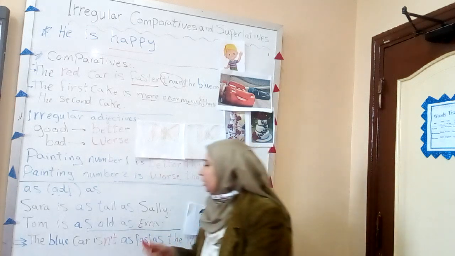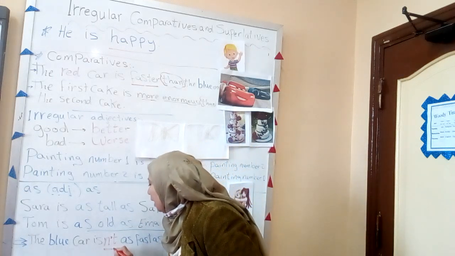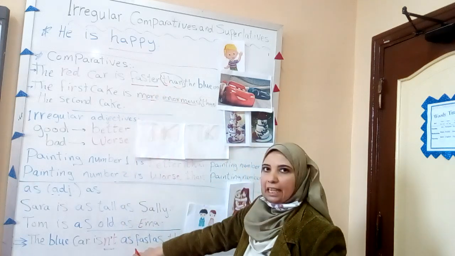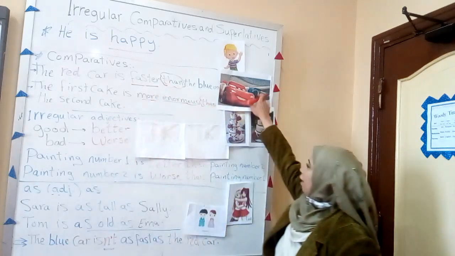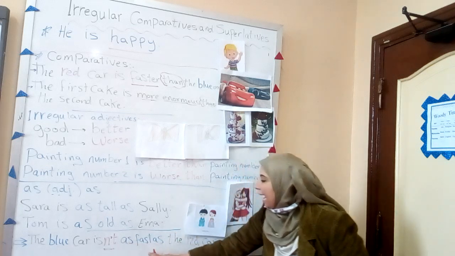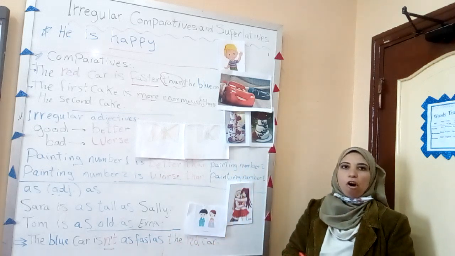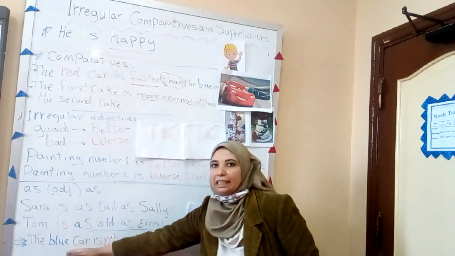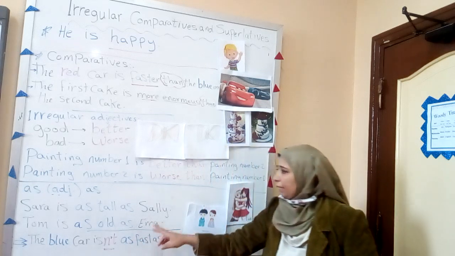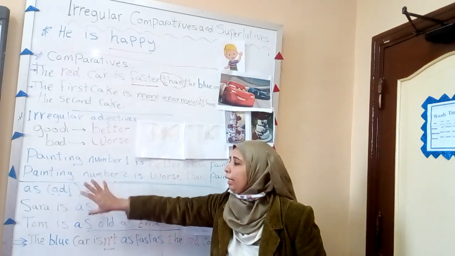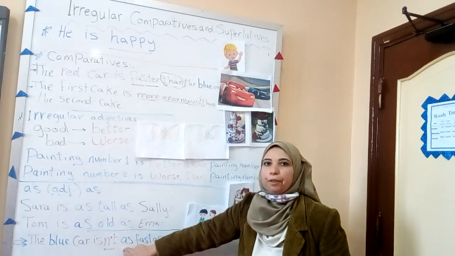So we here add not after verb to be, because they aren't the same. The blue car is not as fast as the red car. We use the same structure, but we add not after verb to be.